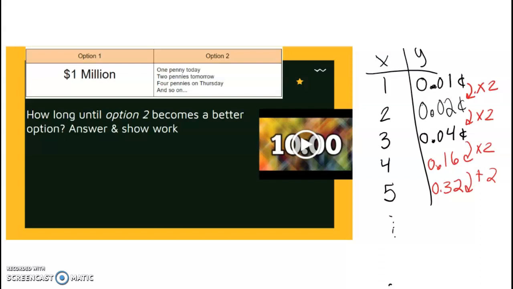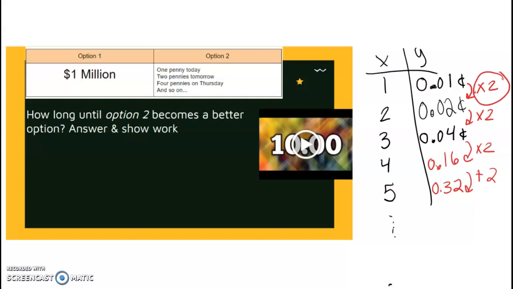I can actually create an equation for this. It'd be a lot easier, especially if I want to know when it becomes a better option. So how I'm going to create my equation is this. It's multiplying by 2 each time, correct? So I know that 2 is a kind of important number. Essentially, call it your rate of change.